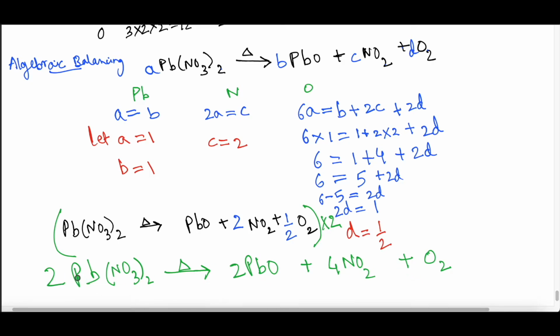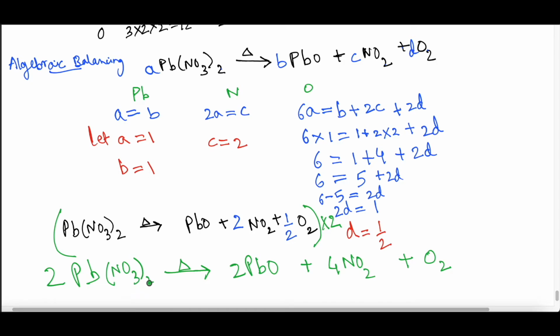We have 2 lead on the reactant side and 2 lead on the product side. Then we have 2 times 2, that is 4 nitrogen atoms on the reactant side and 1 times 4, that is 4 nitrogen atoms on the product side.